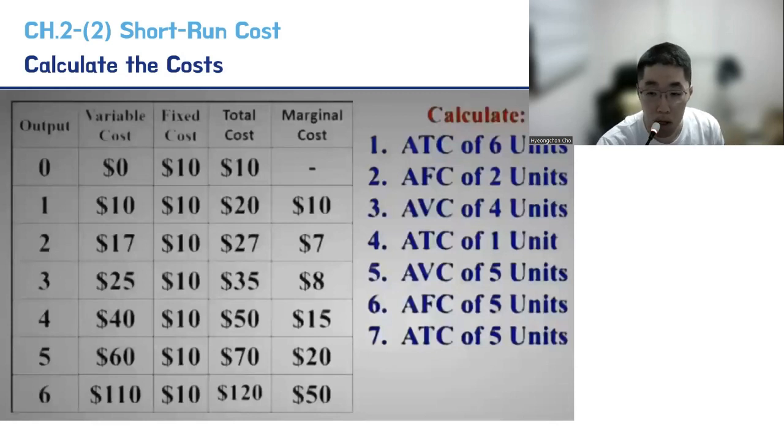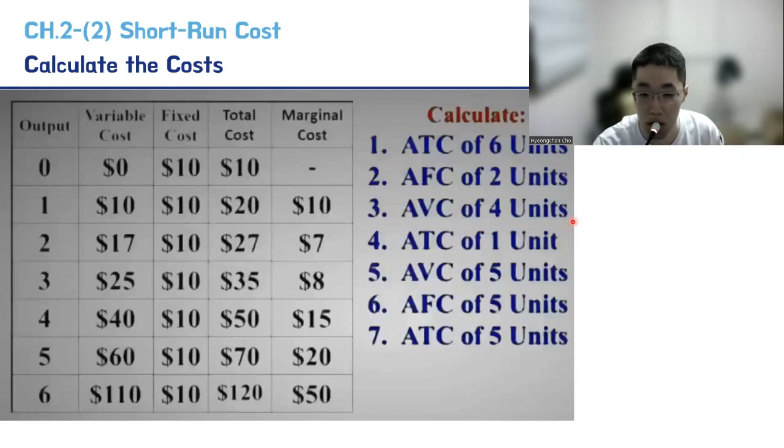So now let's see if you can actually use those equations and calculate the average cost curve. I want you to calculate the average total cost of 6 units, the average fixed cost of 2 units, and the average variable cost of 4 units.